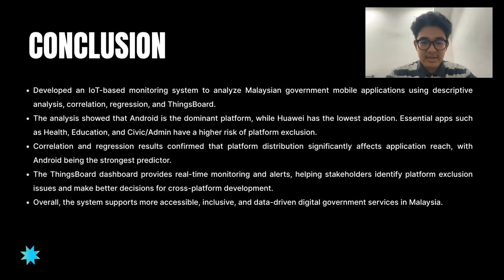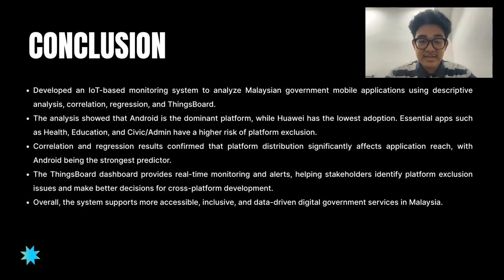Conclusion: We developed an IoT-based monitoring system to analyze Malaysian government mobile applications using descriptive analysis, correlation, regression, and ThingsBoard. The analysis shows that Android is the dominant platform, while Huawei has the lowest adoption. Essential apps such as health, education, and civil admin have a higher risk of platform exclusion.